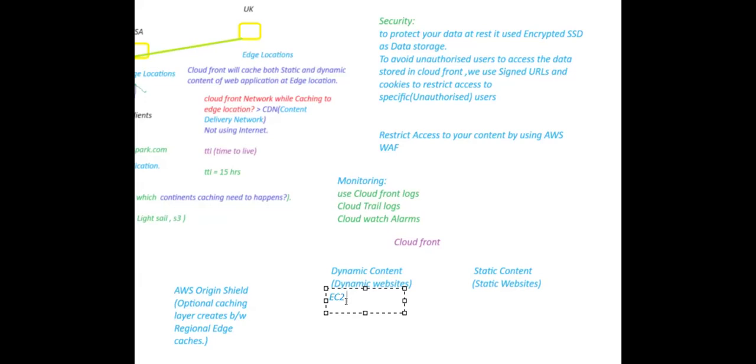EC2 instances, we use them as servers. If we use multiple EC2 instances and created some servers, who will distribute traffic among those servers? Load balancer, right? Yeah. So this dynamic website will be accessed by using that EC2 load balancer.